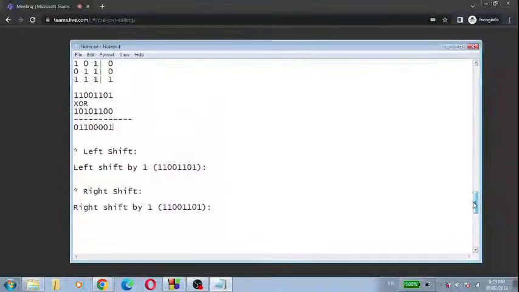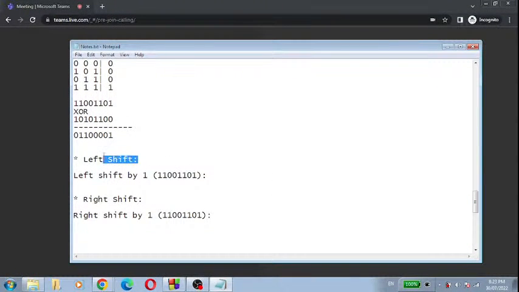Now I'm going to talk about something called shift. I need to make a shift, or left shift, for this number. I have this number here and I want to shift it to the left by only one place, like I have written here. Please left shift this number by one step, one place.